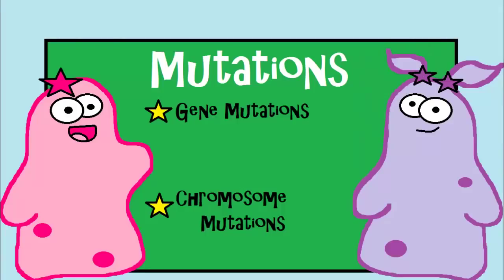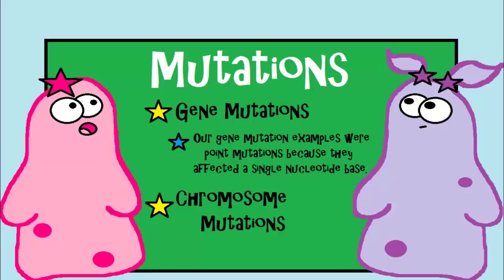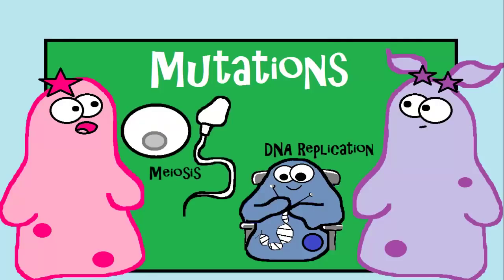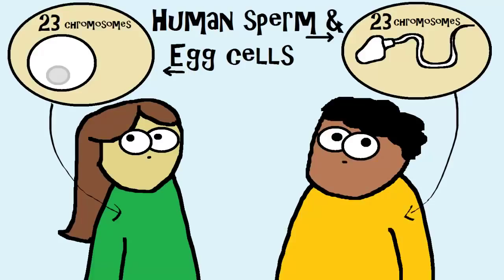There's more mutations than what we just covered, but the idea here is there are many kinds of different changes that can happen. If a mutation is going to happen, there's also some vulnerable times, like when DNA replication happens during interphase, and also other times too, like meiosis. Remember, in humans, meiosis produces sperm and egg cells that have 23 chromosomes.